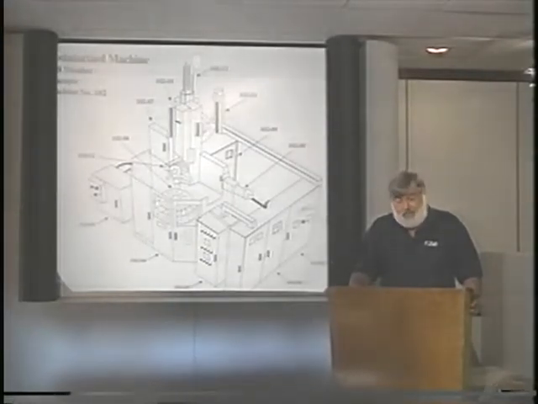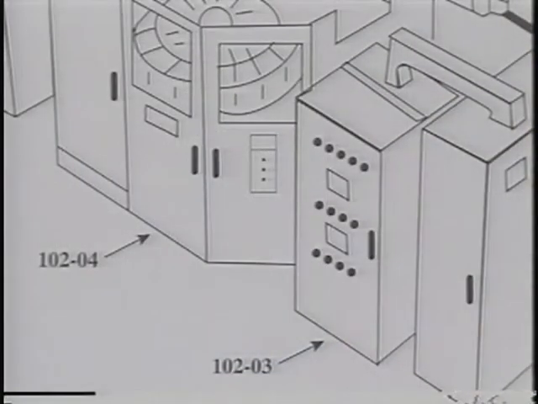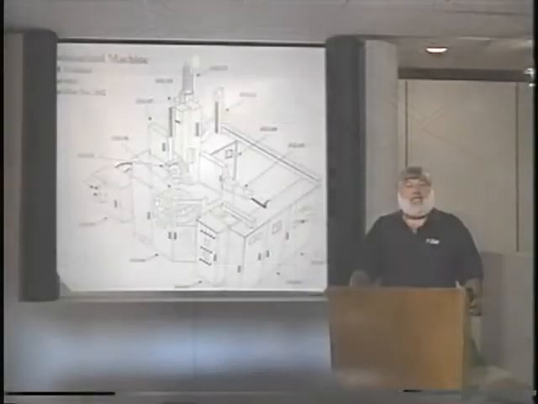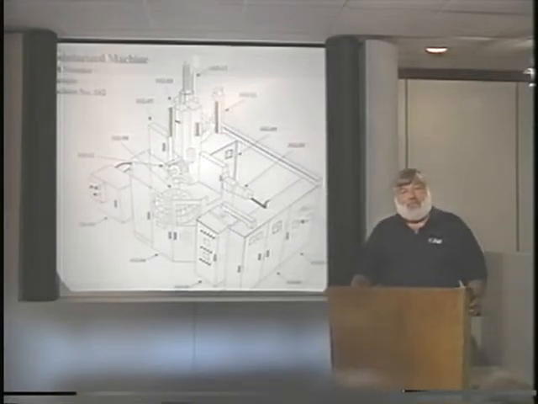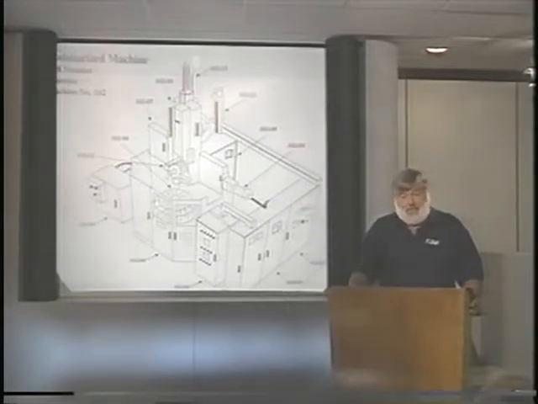Moving to the left, we have module 102-03. That is a computer-driven application. That's the CAM portion of the CAD/CAM system. In this case, we may require an electronic technician to support the maintenance requirements for that module.